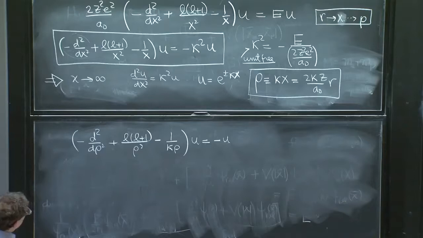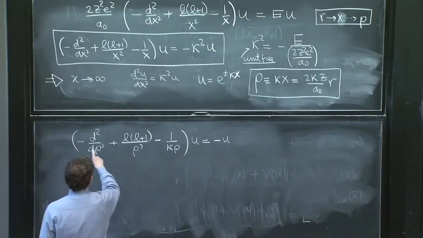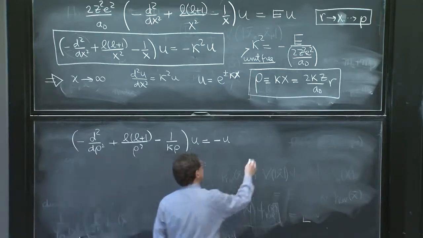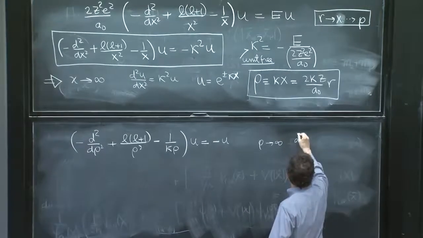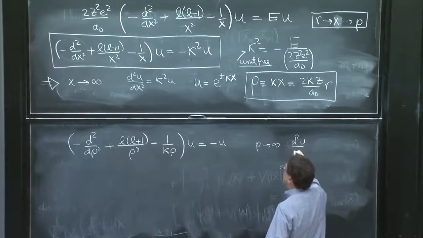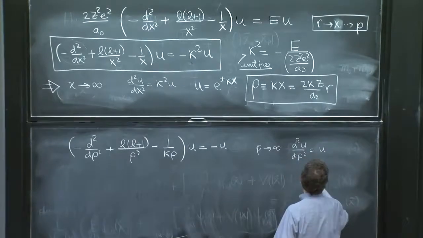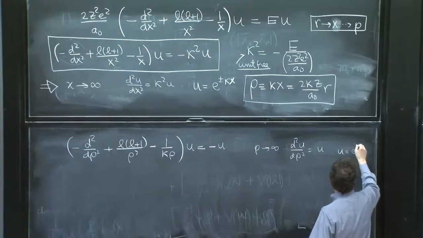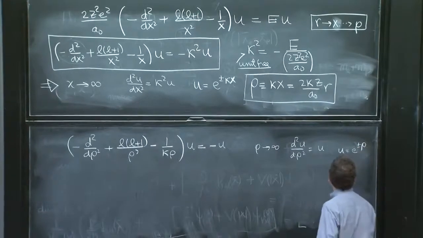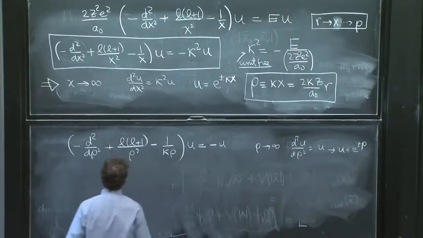And now you would say, OK, this is nice. If you look at rho going to infinity again, it works as we wanted. You get the second derivative of u with respect to rho squared is equal to u, and that means u goes to e to the plus or minus rho, which is what inspired this.